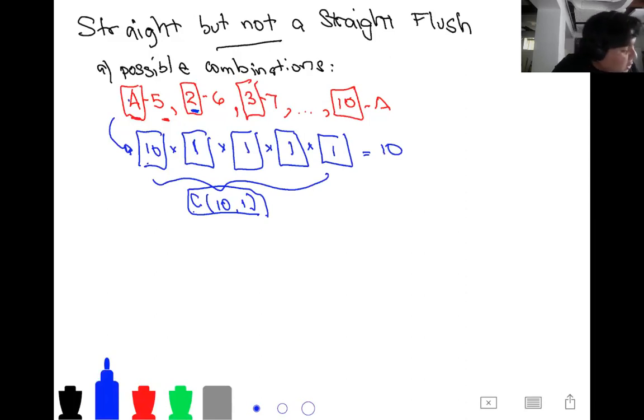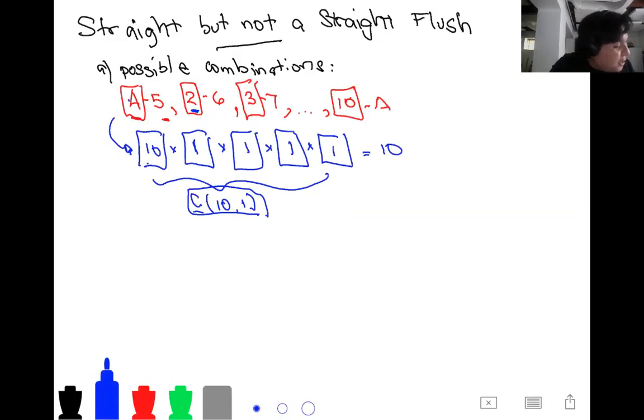Now, why am I using C instead of P? Because as a straight, doesn't it have arrangement? Well, you might say you can also say it's a P of 10 taken 1. This will give you the same answer, 10. But why am I using C?